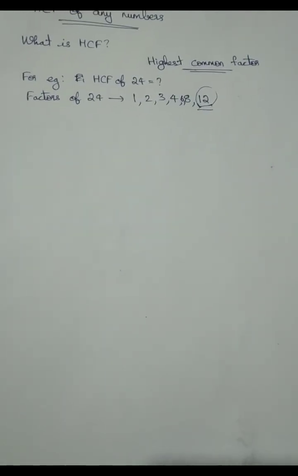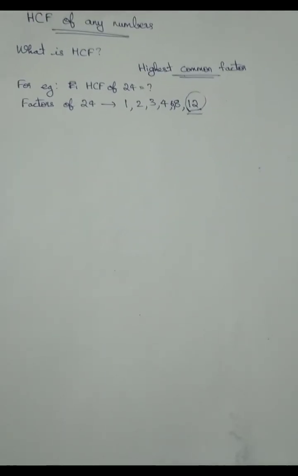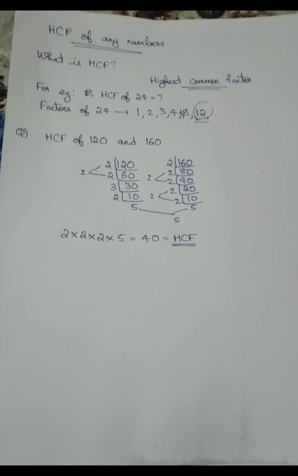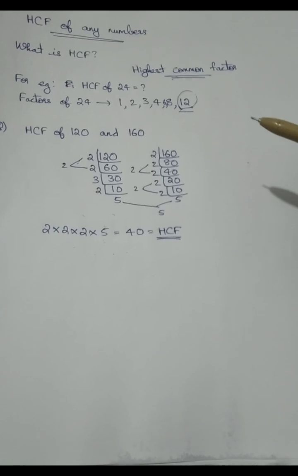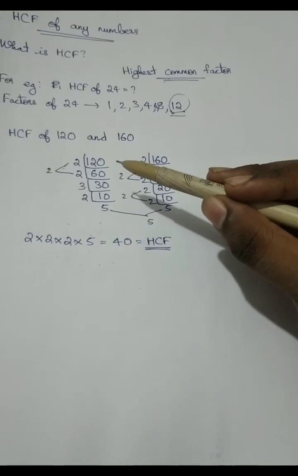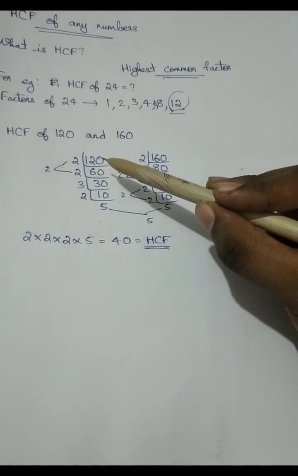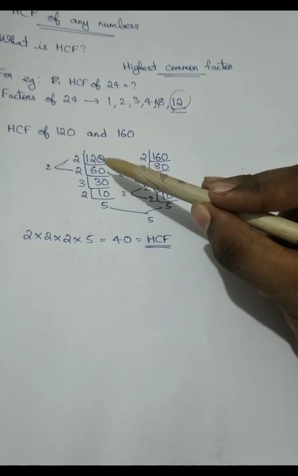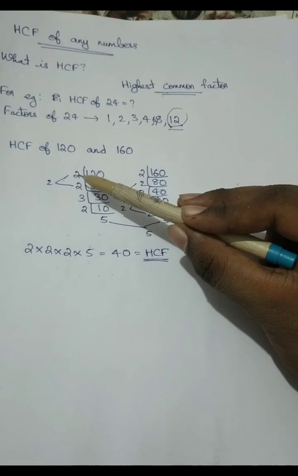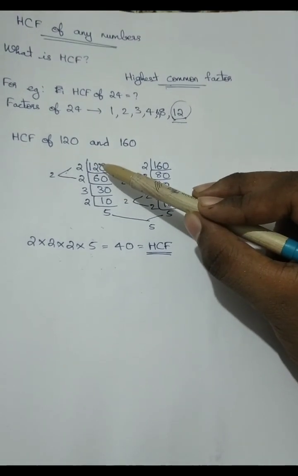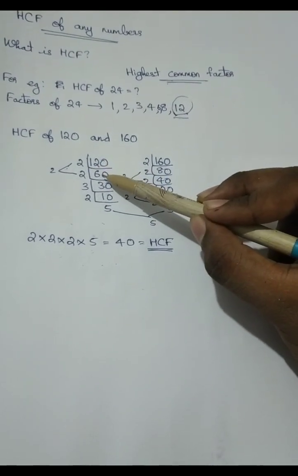So we can find the HCF of other numbers. If we want to find the HCF of 120 and 160, we must use the prime factorization method. By doing the prime factorization method, you first write the number and divide it by its multiple. So 2 is a multiple of 120. When dividing it, we would get 60.